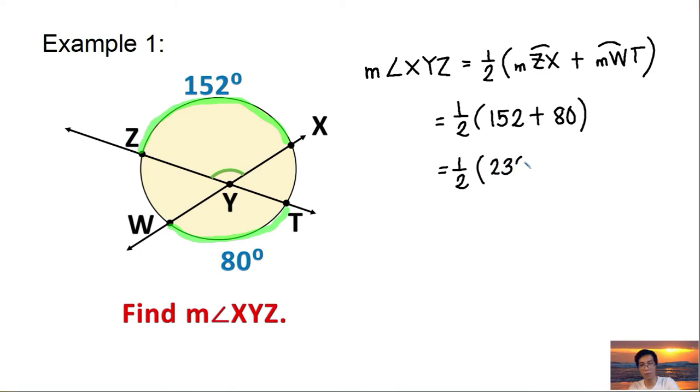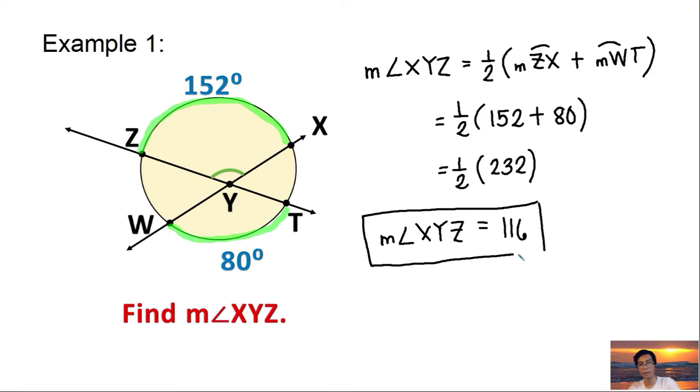Last step, kakalahatiin na lang si 232. So, the measure of angle XYZ equals 232 divided by 2 is equal to 116. So, this is now our final answer. Maliwanag? So, that's example number 1.